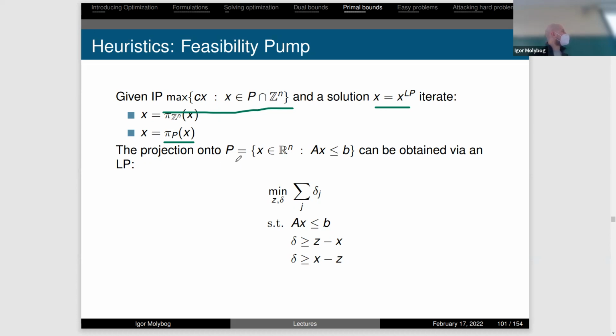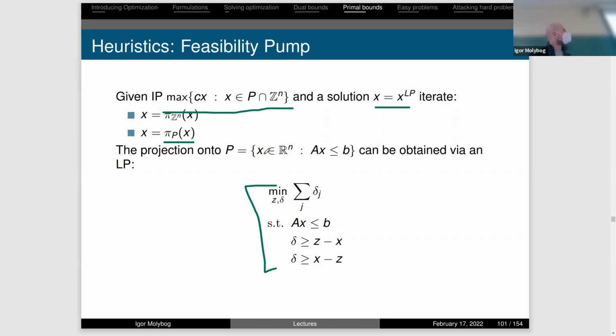The attractive thing about this idea is that this projection can be done quite easily. It can be done very efficiently just through a solution of a linear programming problem.